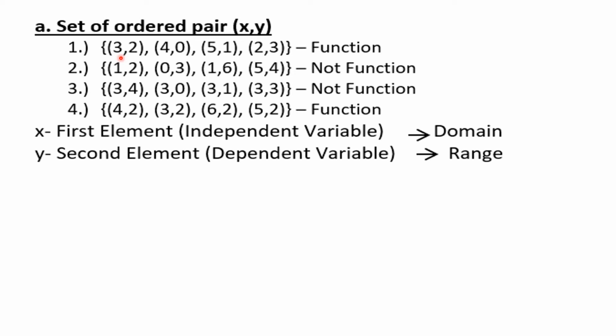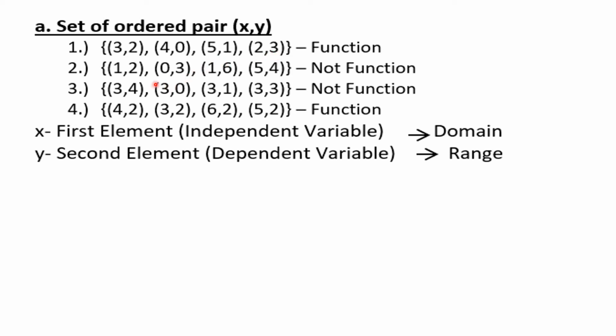For example, the input is 3, then try to look if there is another input 3. We only have a 3 as our input, then look at its output, which is 2. Next, our input is 4, the output is 0. Then input 5, the output is 1. Then input 2, the output is 3.